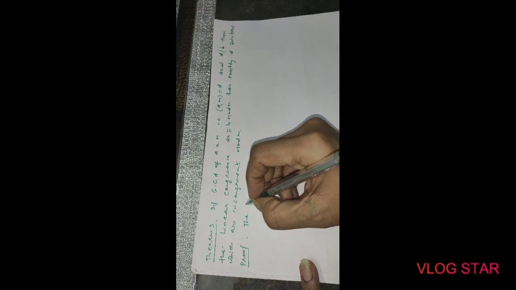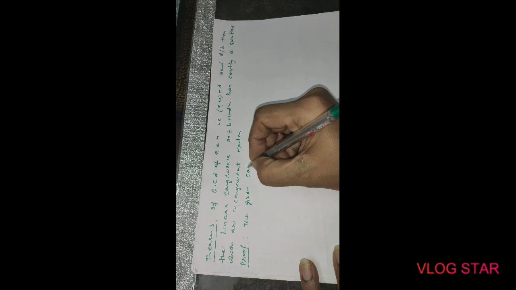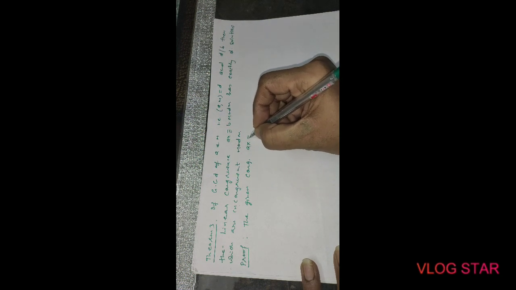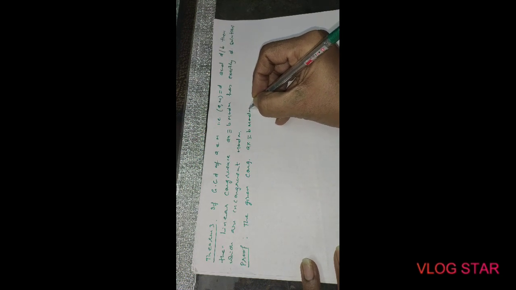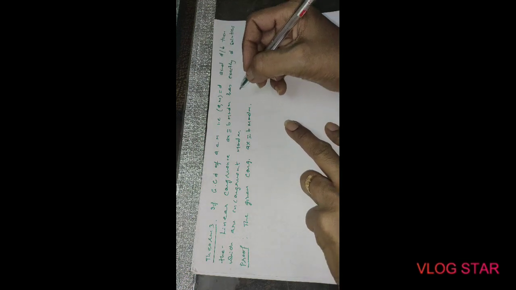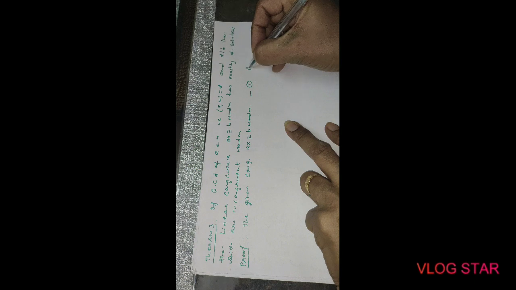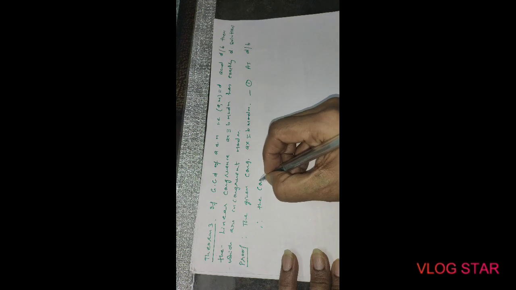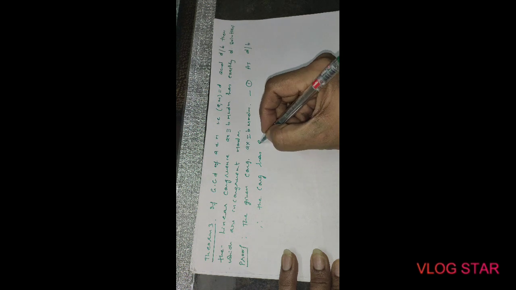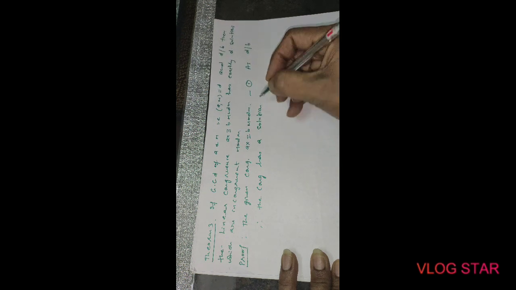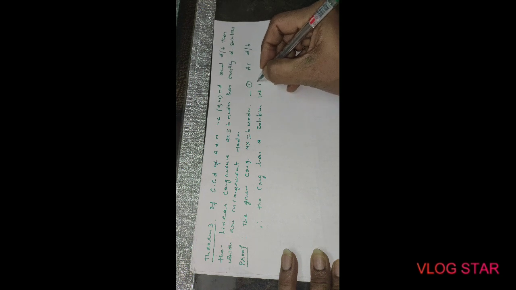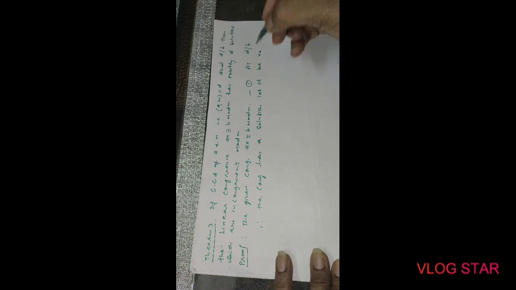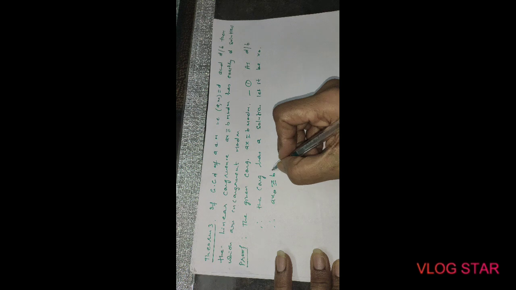Now the given congruence ax is congruent to b modulo m. As d divides b, therefore the congruence has a solution. Let it be x naught. Therefore, a x naught is congruent to b modulo m.